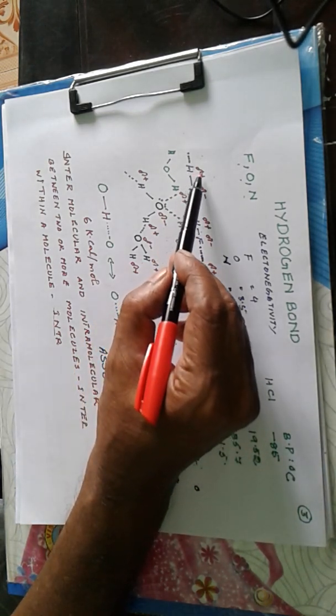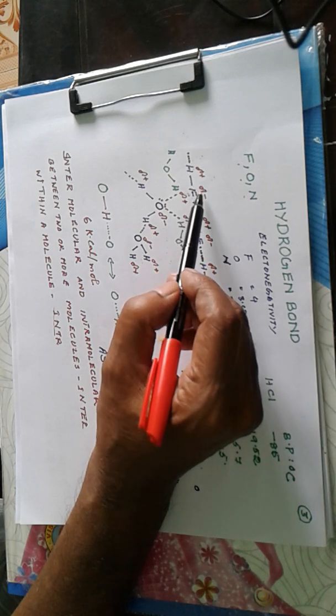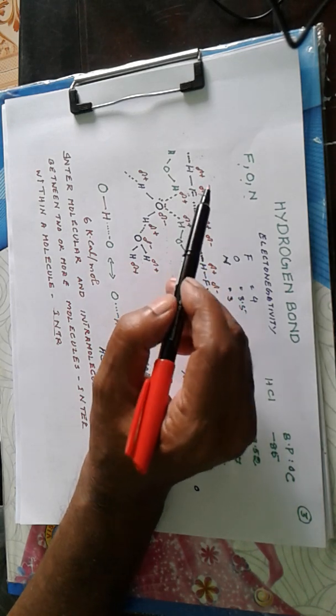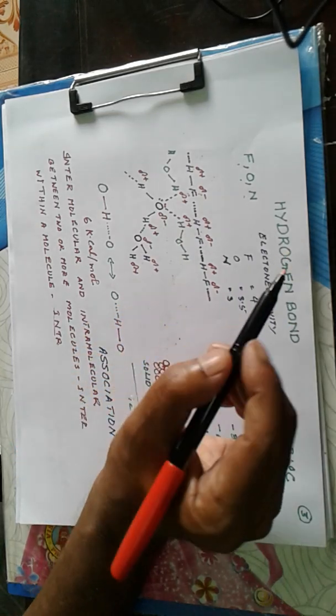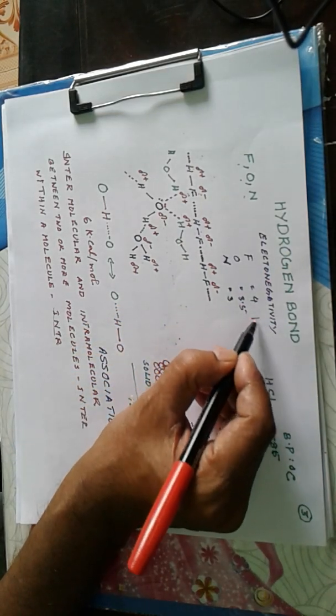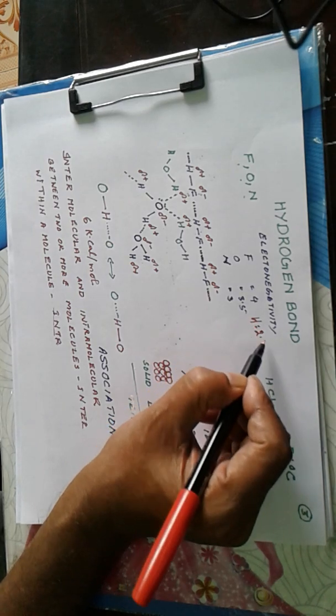Now consider the hydrogen fluoride molecule. The hydrogen possesses a delta positive charge and fluorine possesses a delta negative charge, due to the electronegativity difference: the electronegativity for hydrogen is 2.1 and for fluorine it is 4. So there is a large difference in electronegativity, and hence the HF bond is polar with a delta positive charge over hydrogen and a delta negative charge over fluorine.